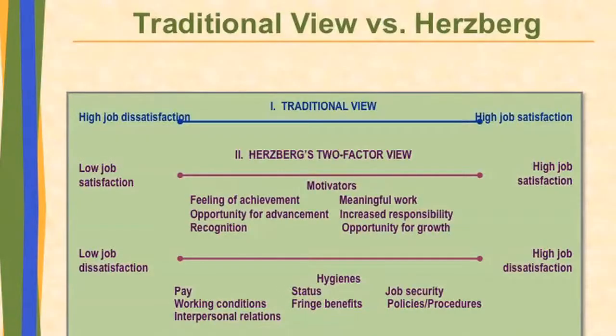These are more known as satisfiers in terms of motivational theories. So when you look at the traditional view of just high satisfaction, low satisfaction, Herzberg looked at some of the factors where people say, hey, when I get paid what I want to get paid, I just do my job. They don't usually do extra.